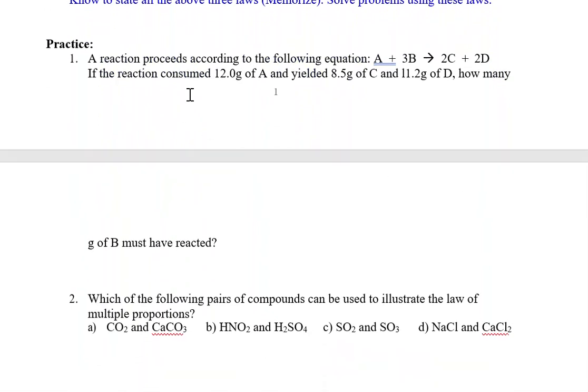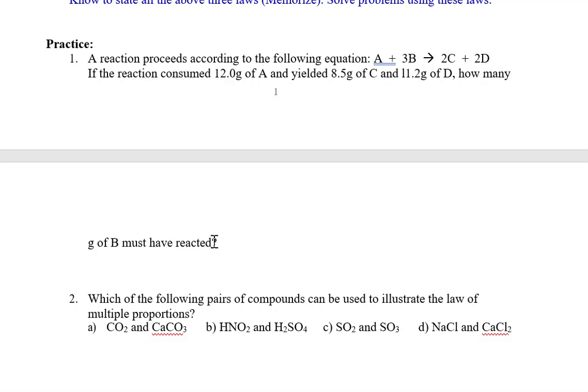So a reaction proceeds according to the following equation. You have some element A that is going to combine with 3 of the B, and they're going to produce 2C and 2D. Now, if the reaction consumed 12 grams of A and yielded 8.5 grams of C and 11.2 grams of D, how many grams of B must have reacted?